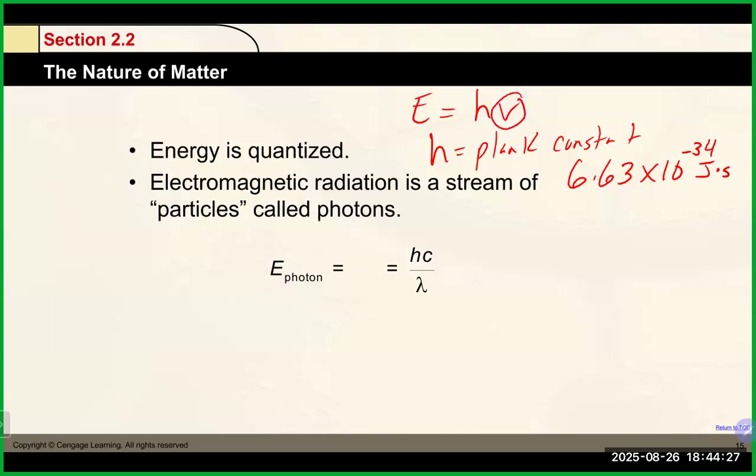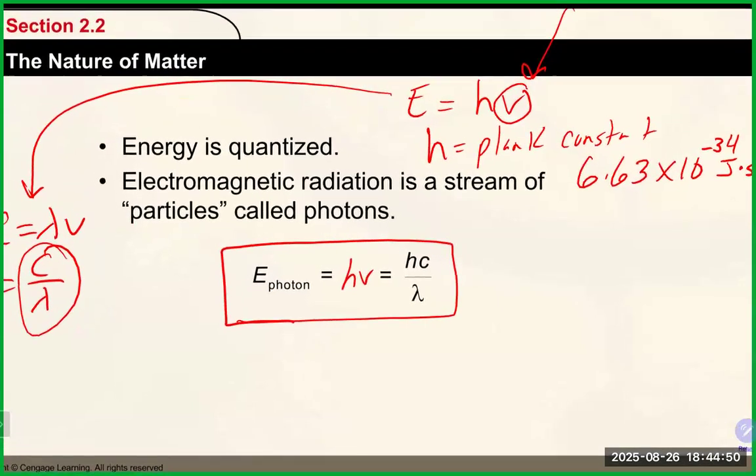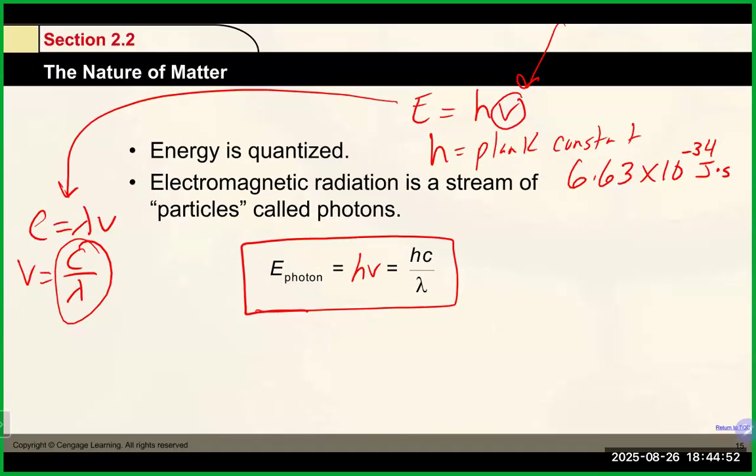We could also tie together this equation and the one we saw earlier and solve for the frequency, which is c divided by the wavelength. If we put that into here, we get this version of the equation: E is equal to hv, which is equal to hc over the wavelength.